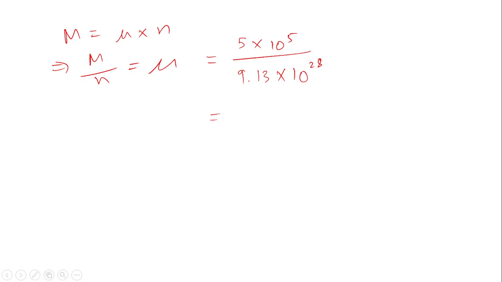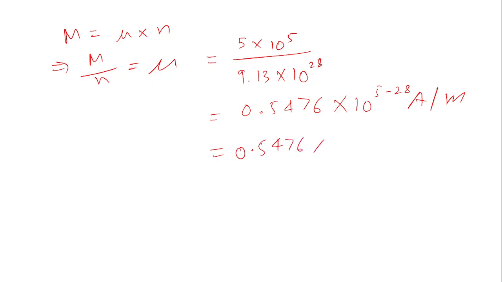When I do the calculation, 5 divided by 9.13 will be 0.5476 times 10 to the power 5 minus 28 ampere per meter. 5 minus 28 means 10 to the power minus 23 ampere per meter.